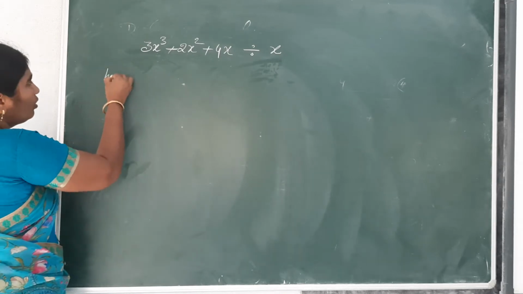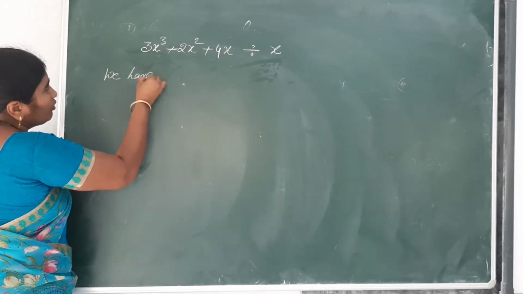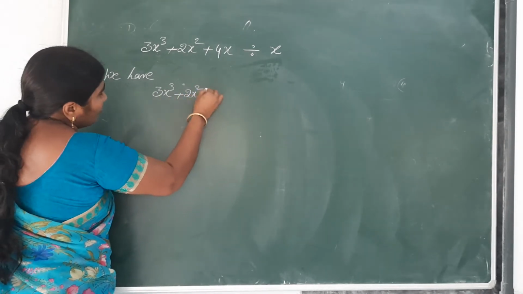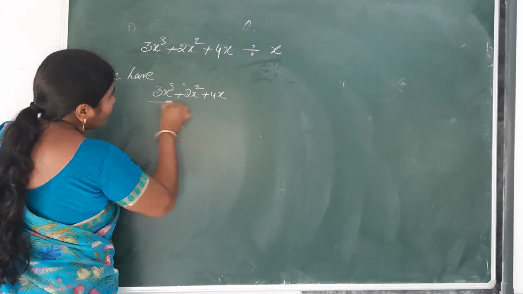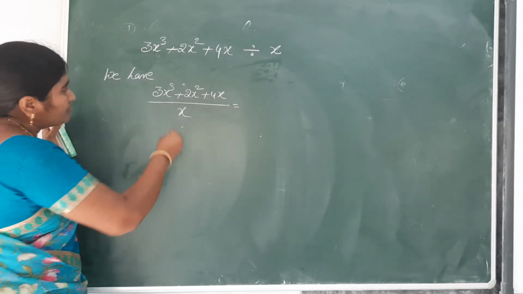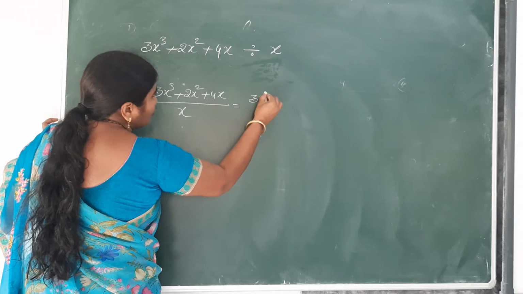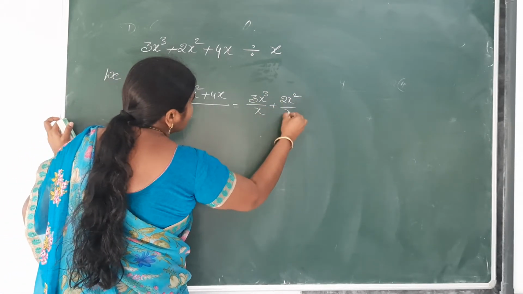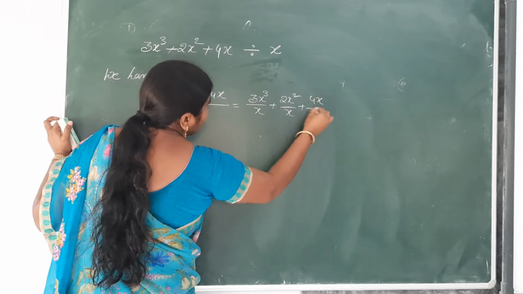We have 3x cube plus 2x square plus 4x by x, and separating each term: 3x cube by x plus 2x square by x plus 4x by x.